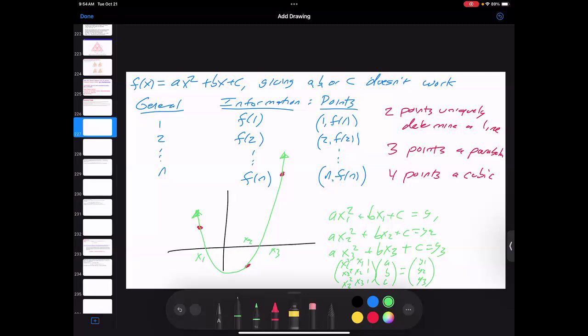We have 3 equations and 3 unknowns. Do you expect to be able to find a, b, and c? What must be true if we want to find a, b, and c? So if we want to be able to find a unique a, b, and c, what must be true about this matrix? So linear algebra is a prerequisite for this class, right? We're solving a system of equations.